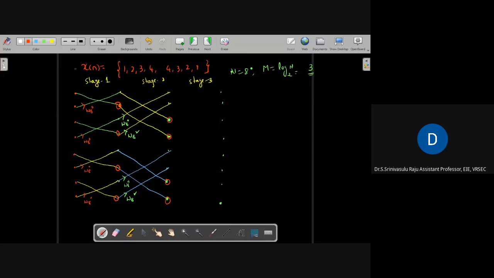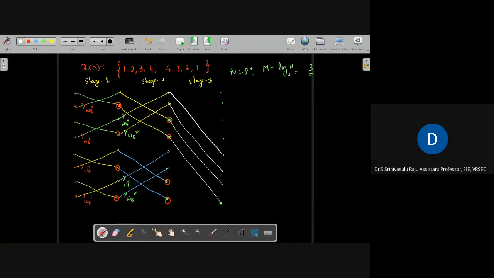And next one is simple, last stage. So first even is connected with the first odd, second even is connected with the second odd, third even is connected with the third odd, and fourth even is connected with the fourth odd.